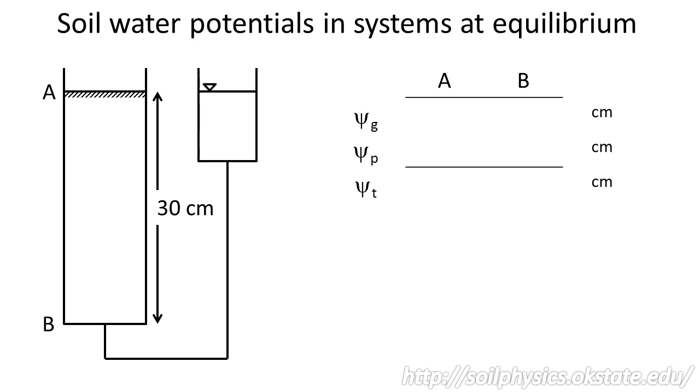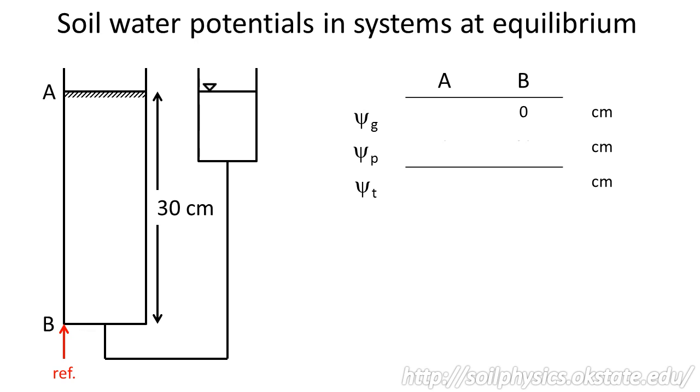We're almost ready to begin filling out our table, but before we can do that, there's one really important step we have to take care of: to specify a reference elevation. And that's shown here. Here I've chosen to put the reference elevation at point B. This choice is arbitrary and it's just made at the bottom here for the sake of convenience.